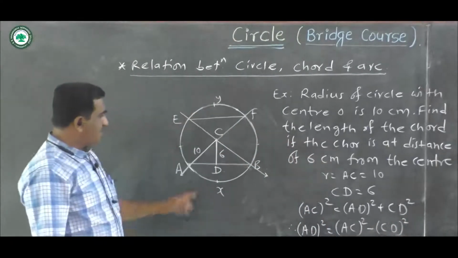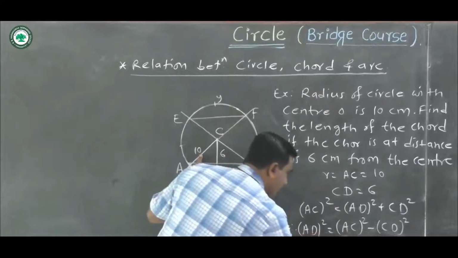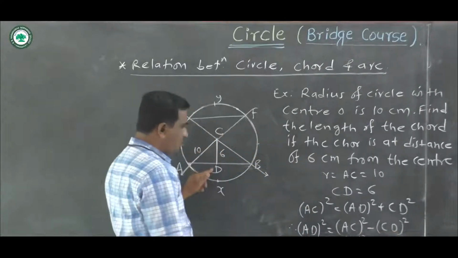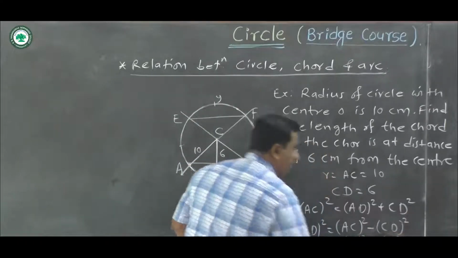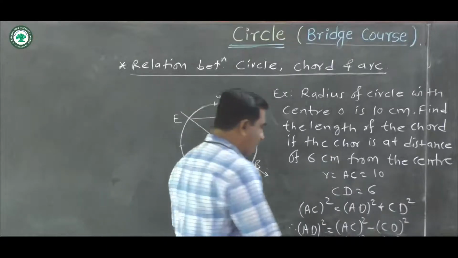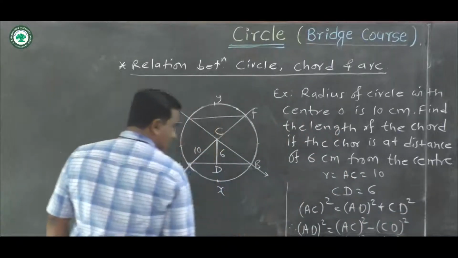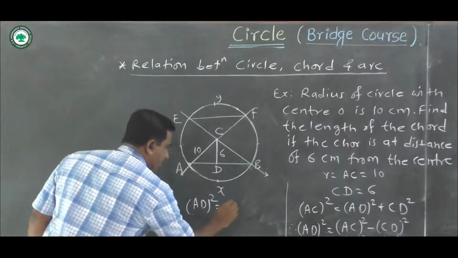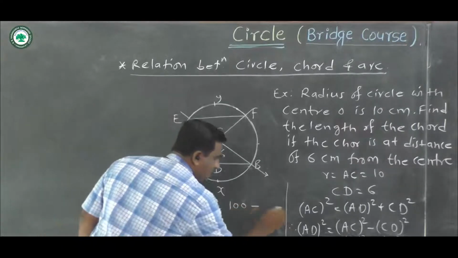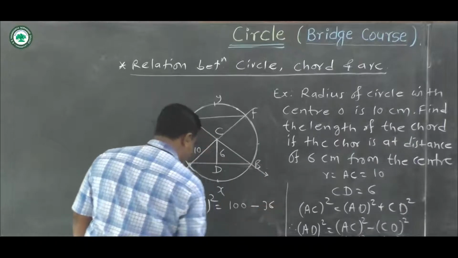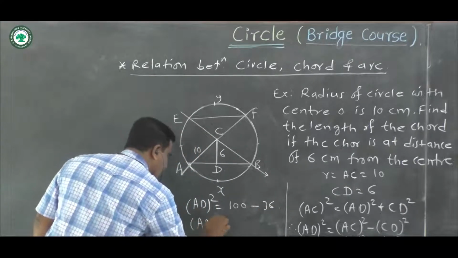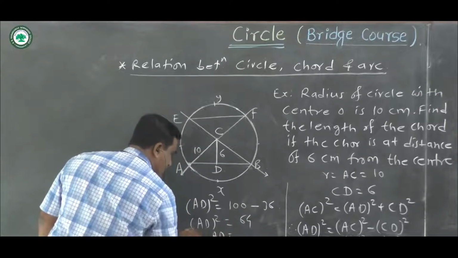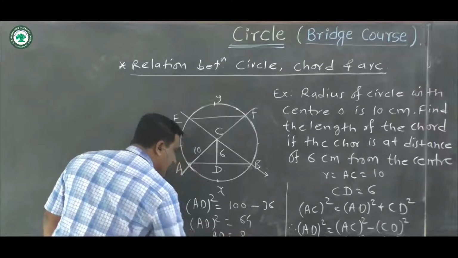We are given that segment AC is equal to 10 centimeter, so 10 square minus CD equal to 6 square. Then AD square equal to 100 minus 36, that is 64, and taking square root on both sides, AD equal to 8.